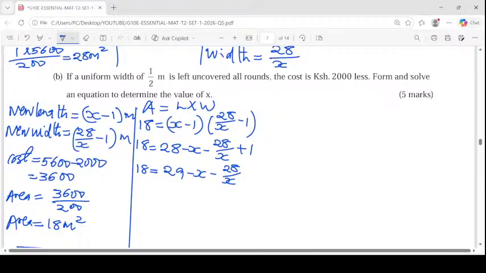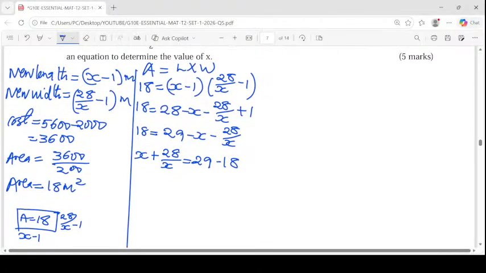Now I want to move the x's to the left and the 18 to the right. I'm going to have x plus 28 over x should be equivalent to 29 minus 18. I've just done the rearrangement. So this x, I can put it as x over 1. What is the LCM of 1 and x? The LCM is x.